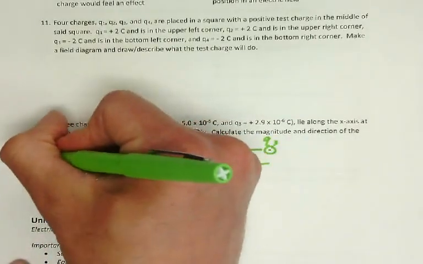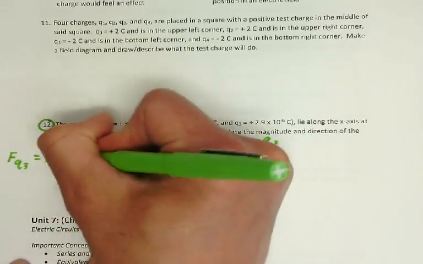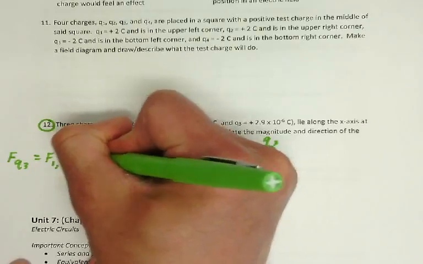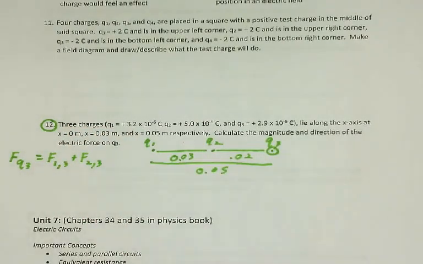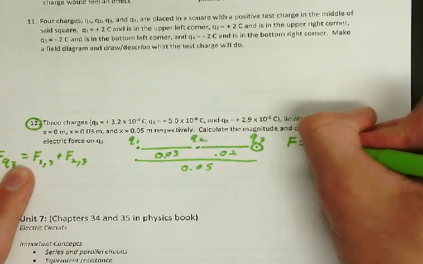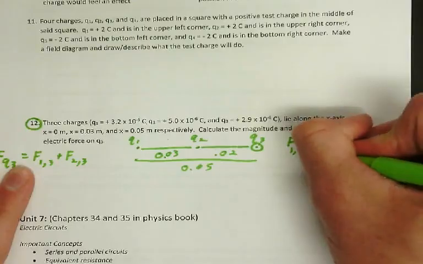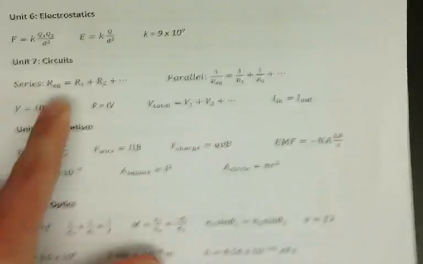So the force on Q3 would be the force between 1 and 3 plus the force between 2 and 3. We just need to find those forces and add them together. The way we find those forces is by using our equation. If you look at the review guide, the last page has the equation sheet. And here's the force equation.